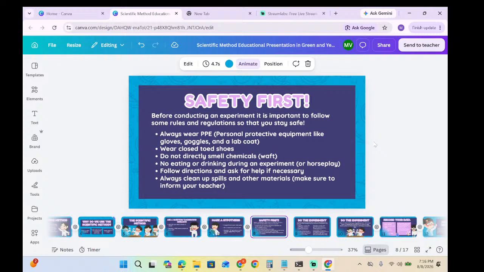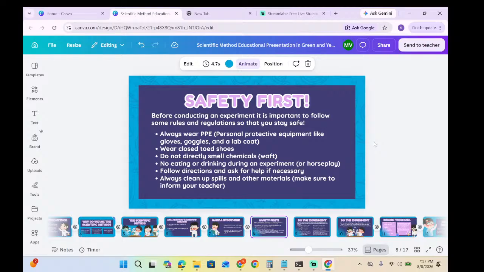And then lastly, always clean up spills and other materials. So if you knock down a beaker, and it's a glass beaker, what you should do is inform your teacher first of all, because you should never directly touch the glass.